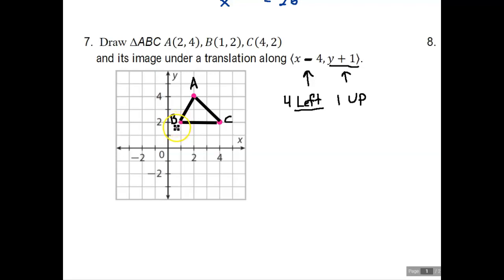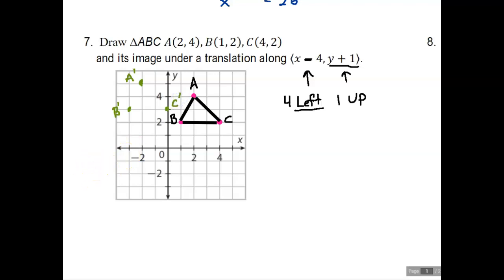So I can just count these out. 1, 2, 3, 4, up 1. So that's going to be B prime. 1, 2, 3, 4, up 1. That's A prime. And then 1, 2, 3, 4, and there's C prime.